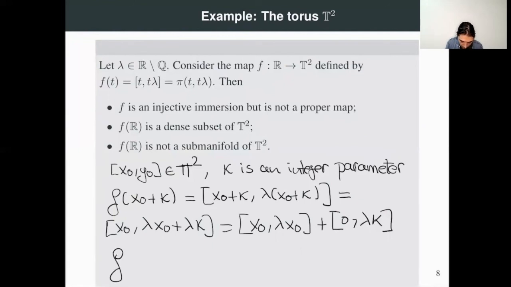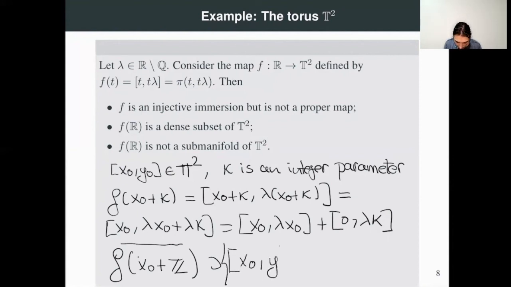of x0 plus k has a closure that contains every class of a point of the form x0 and second coordinate anything, y belonging to R. In particular, it's going to contain the class of x0, y0.